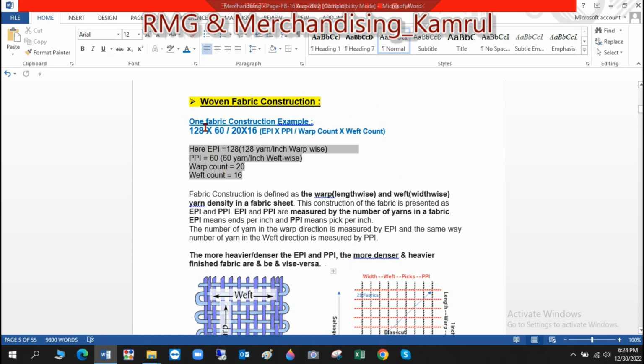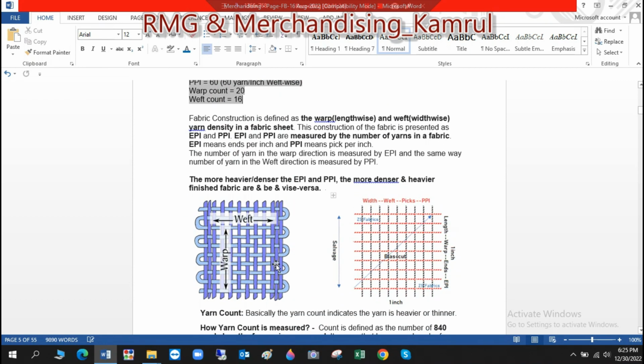This 128 is called EPI. It means lengthwise per inch there are 128 yarns. Again, from this picture, every individual yarn lengthwise, this number of yarns, there are 128 within 1 inch. See here, 1, 2, 3, 4, 5, 6, this way 128 yarns lengthwise within 1 inch.